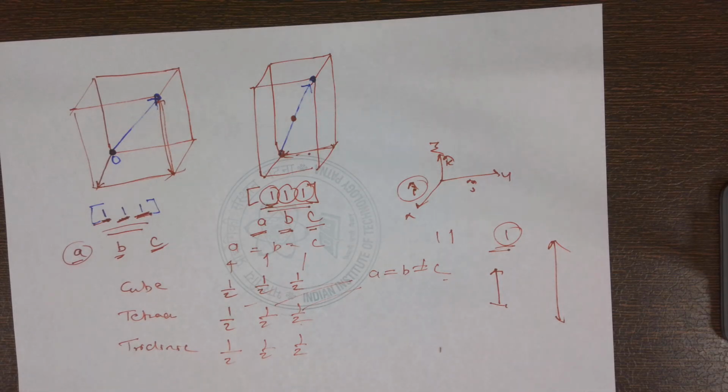See, Miller indices of the plane will remain 111, but what will change is the family. Family will keep on changing, because you will keep on distorting them. The 111 plane has the same meaning as it has in the cubic, tetragonal, orthorhombic, so on, in the triclinic.